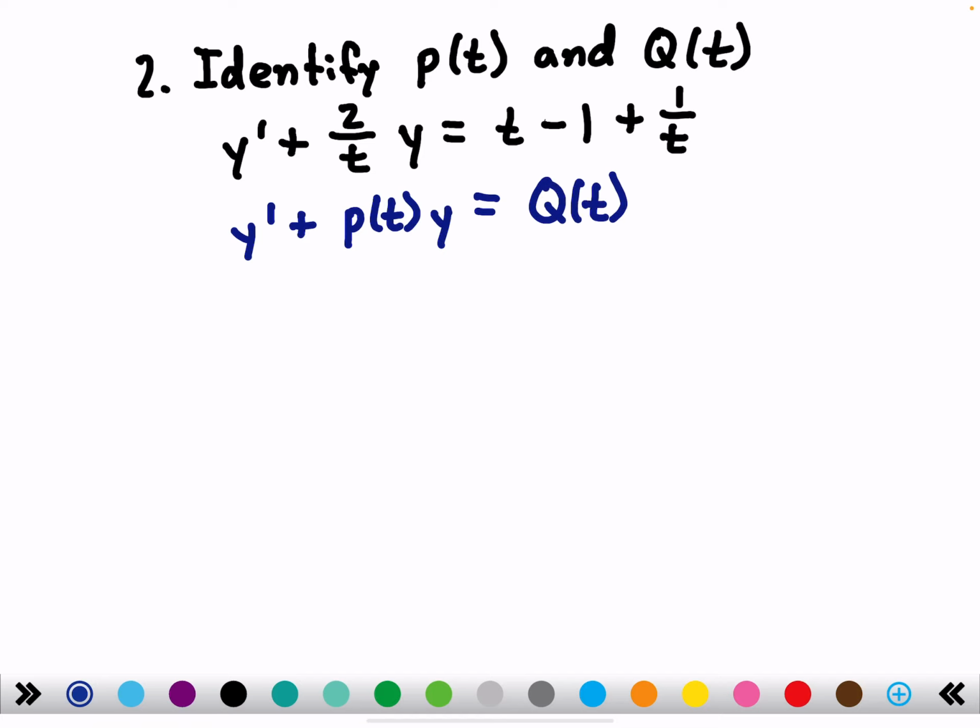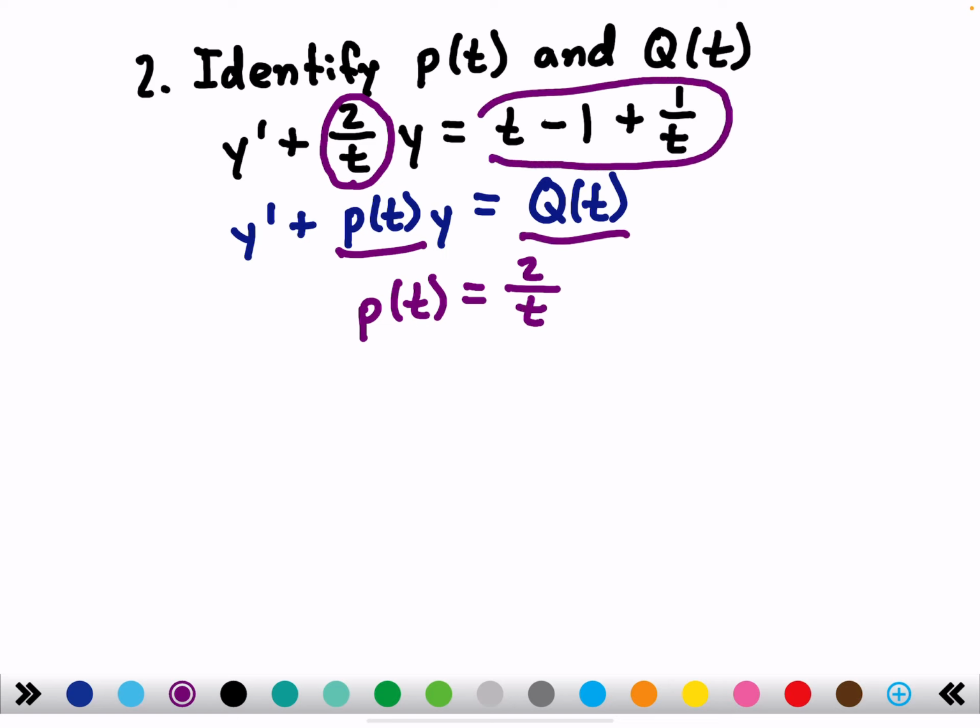Now, p sub t is the coefficient of whatever function or constant is multiplied times y. So p sub t is equal to 2 over t, and q sub t is whatever the equation is equal to. So q sub t equals t minus 1 plus 1 over t.